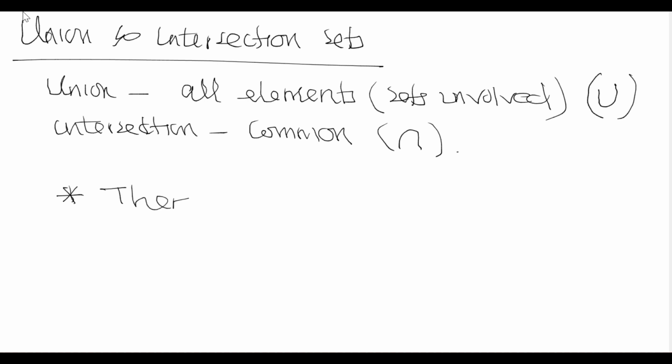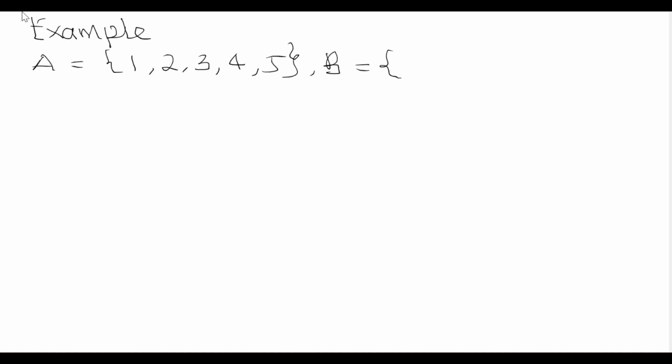The representation is a symbol like a U for union and a symbol like an upside-down U for intersection, but obviously there are other operations involved. Then we have an example here that will help us to see what union and intersection are. So we have set A with those members, set B with its members there, then we have set C: 1, 6, 7, and 8.